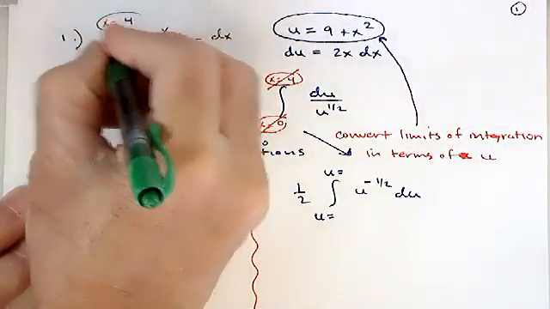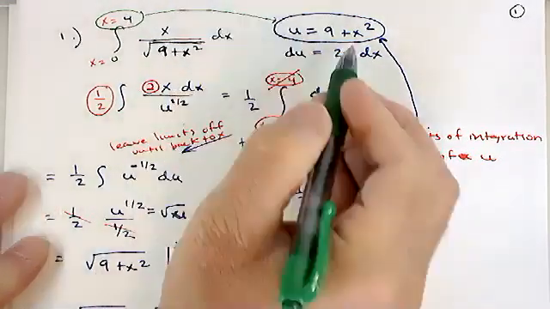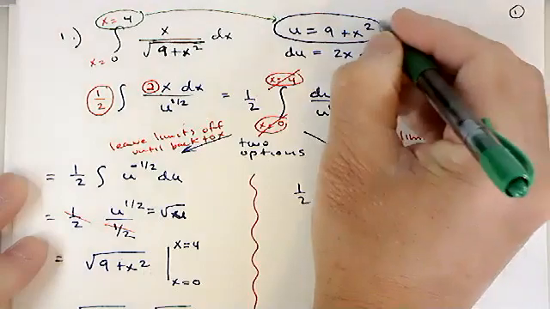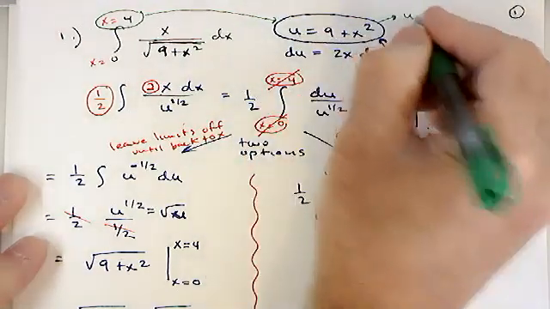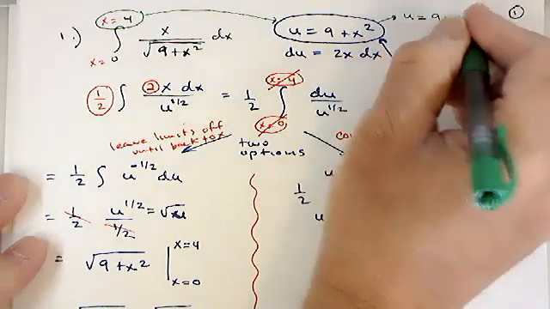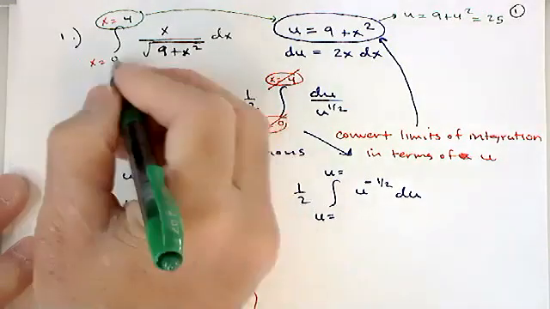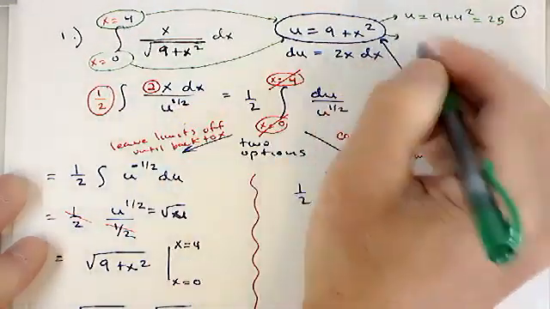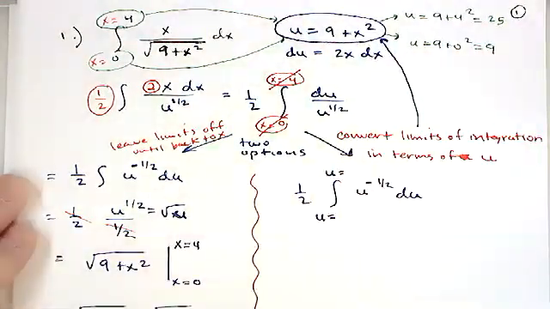Let's start with this upper limit. If I take x equals 4 and put it through here, what would u equal? If u is equal to 9 plus 4 squared, that would give me u equals 25, right? And if I take my lower limit and run it through here, that's going to give me u equals 9 plus 0 squared, which is just 9.